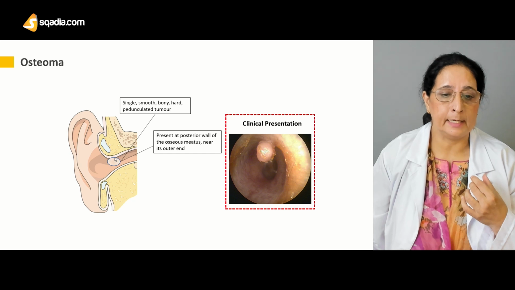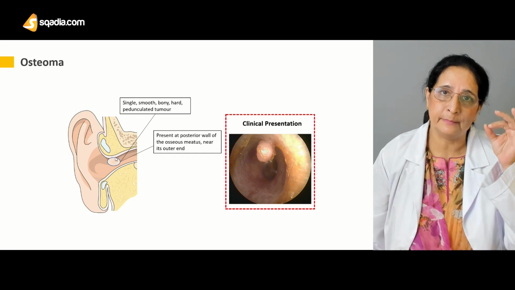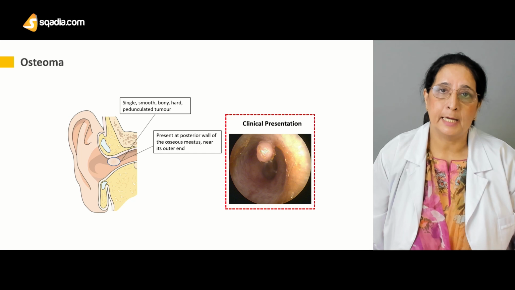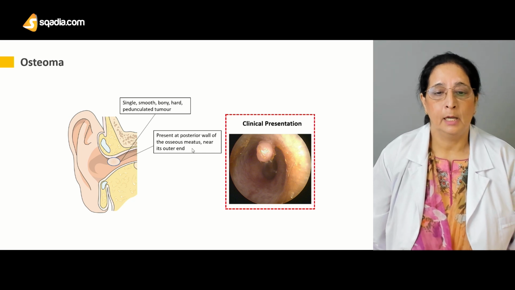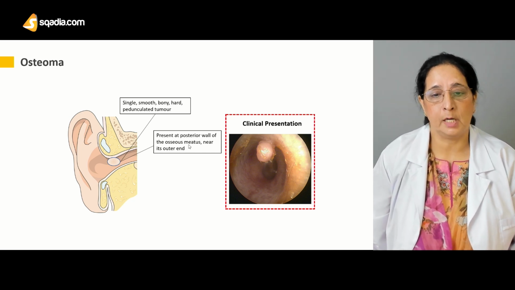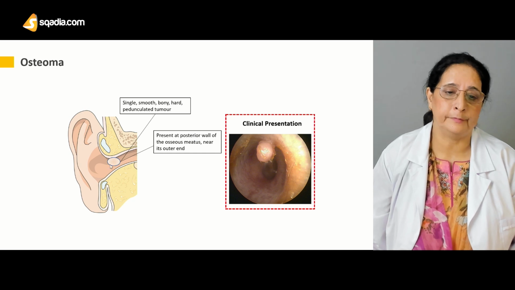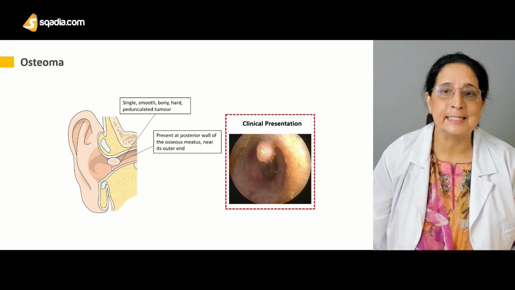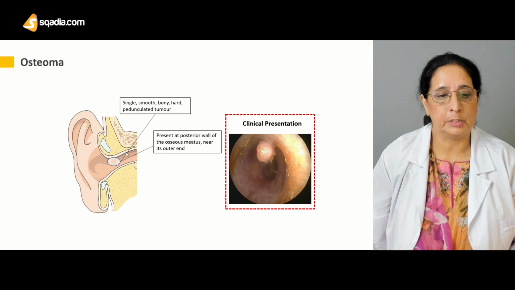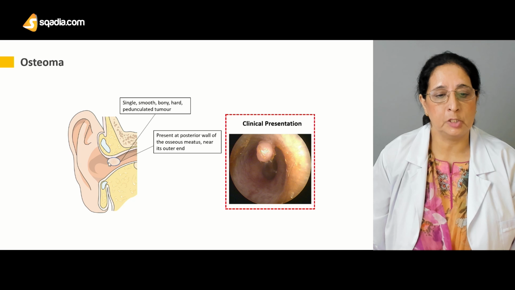It's pedunculated, meaning it has a small stalk attached to it, and the origin of this osteoma is from the posterior wall of the osseous meatus near its outer end. So this is the site of the origin of the osteoma.